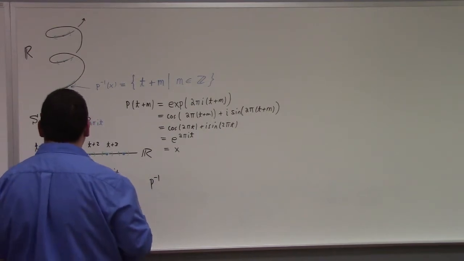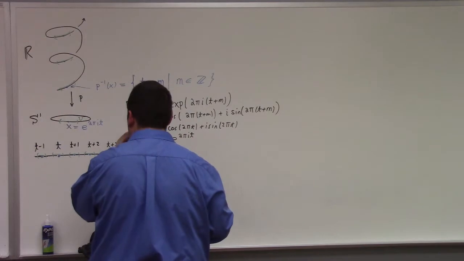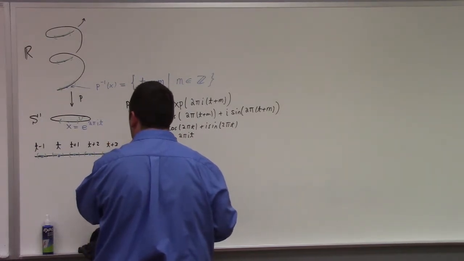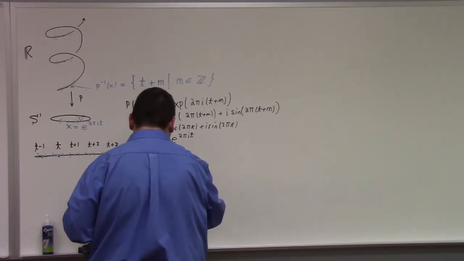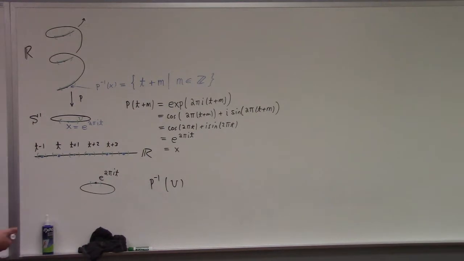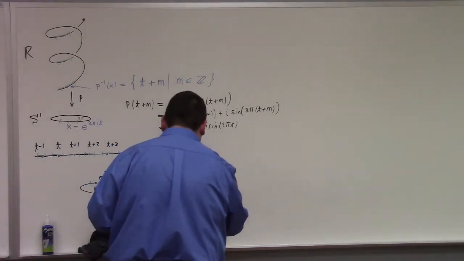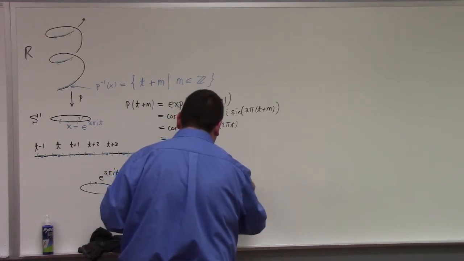I want U, P inverse of U. How would you write that formula? We're talking about P inverse of what? Of e to the 2 pi i t.